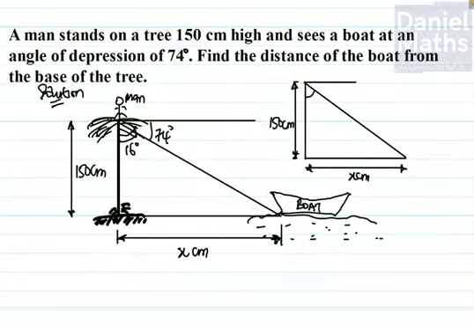So this gives us the 74 degrees, and this other end gives us the 16 degrees. What we're working with is the angle that the tree makes with this hypotenuse side. So in our new figure, we're going to use this to solve for our question.